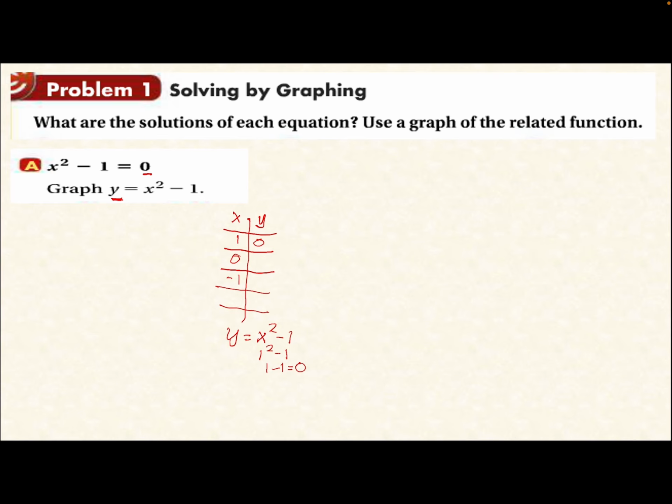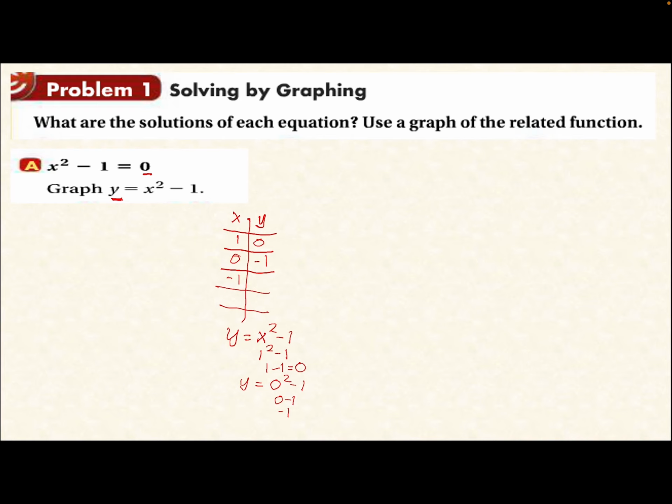Next, what is the value of y if x is 0? You're just going to substitute it. 0 squared minus 1. 0 times 0 is 0, minus 1 is negative 1. So your y is negative 1 when x is equal to 0.